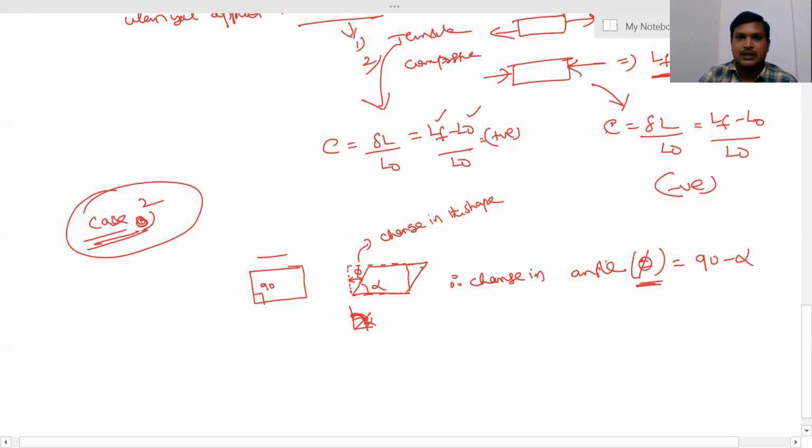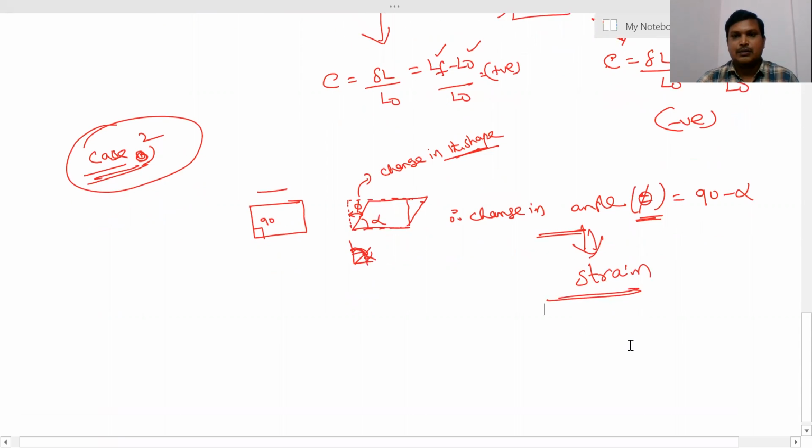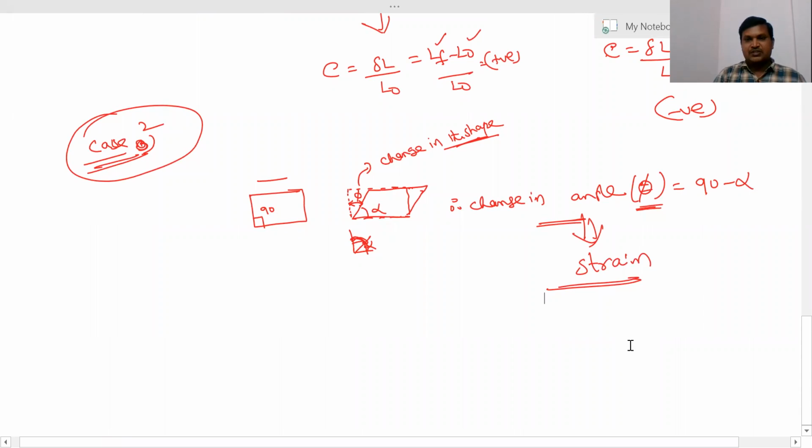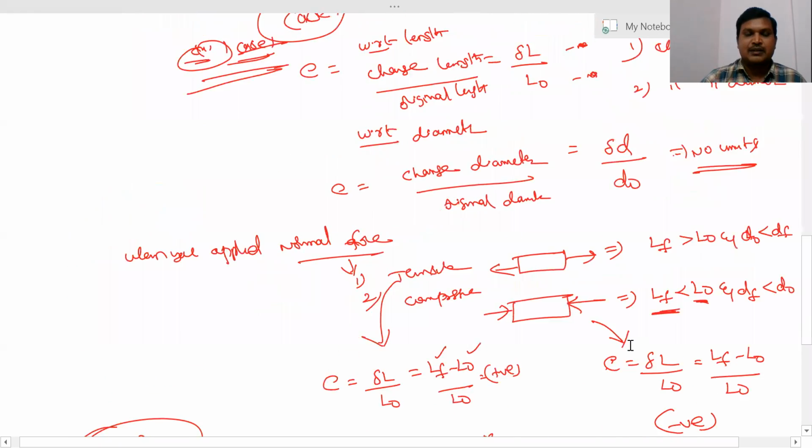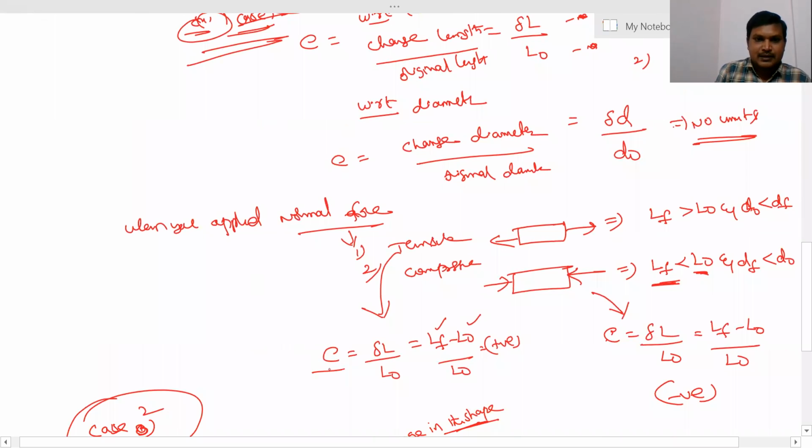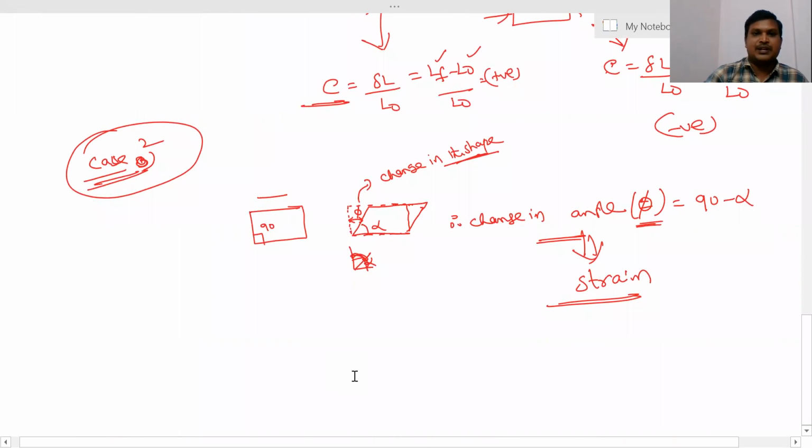This change in shape or change in angle we call simply strain, the shear strain. The normal strain we denoted as epsilon.